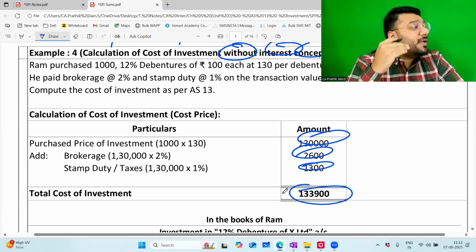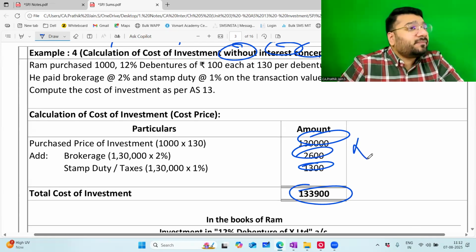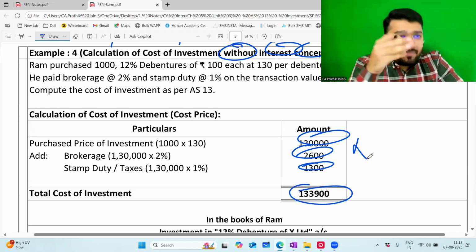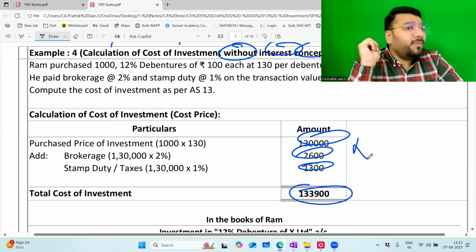So I'm trying to take the difficulty level gradually up. You will not get this standalone question in the exam. With this, lot of mirchi masala will come. Ex-interest will come, interest will come, sale value will come, fair value will come. So we take ICA question, the very first question that I'm going to deal, it is called all the component. If I take all the 5 complicated transactions in one question, your base will be completely destroyed.